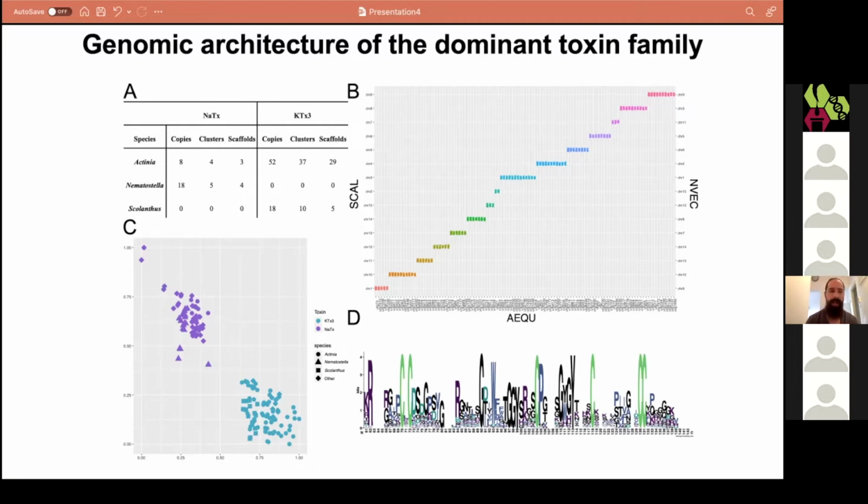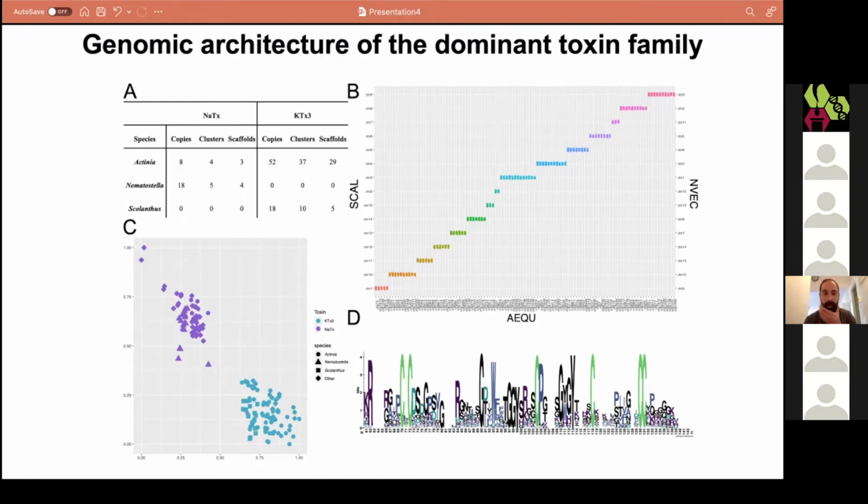Another interesting fact about NaTx and KTX3 is that they share a very similar cysteine framework, highlighted here in this web logo at the bottom. However, when we take these sequences and cluster them, they are still distinct. Because they share this similar cysteine framework, it hints that they may have a similar evolutionary history. However, when we looked at the synteny, we still couldn't resolve whether any of these shared some sort of homology, and this likely suggests that this is evolving in a highly dynamic manner.